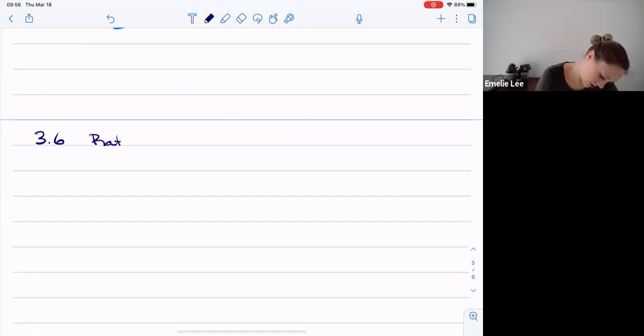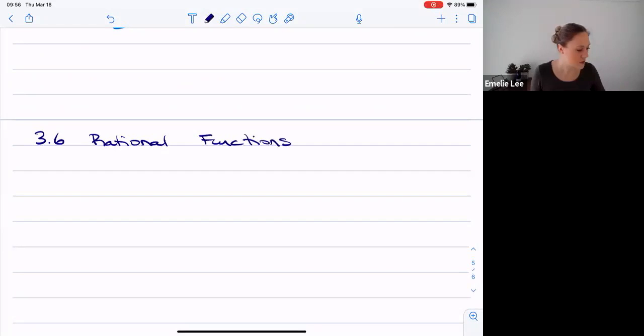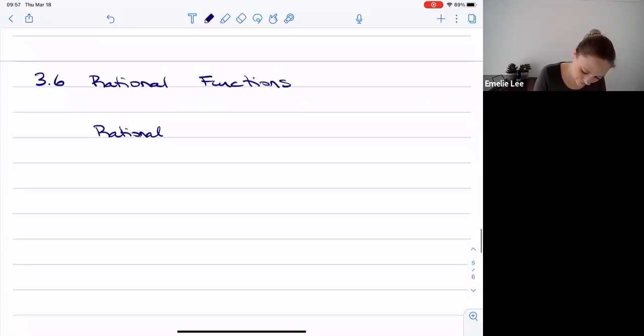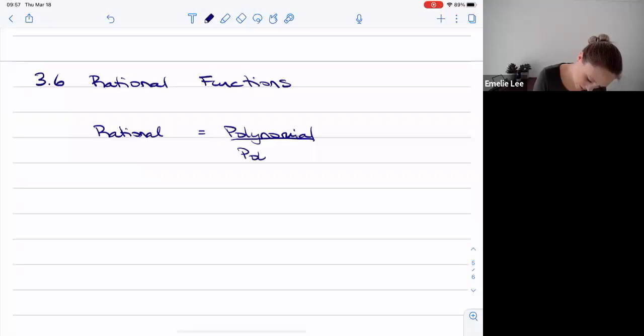So rational functions. A rational function is a polynomial over a polynomial.